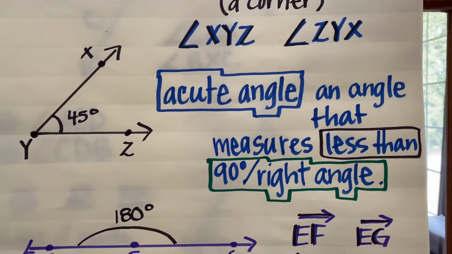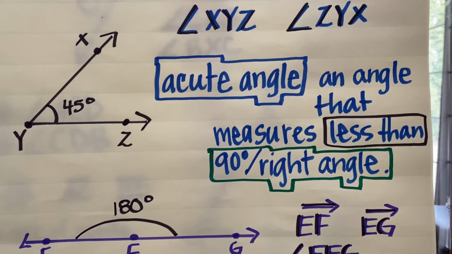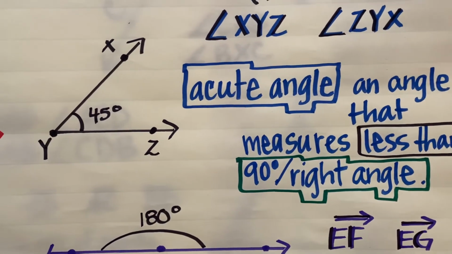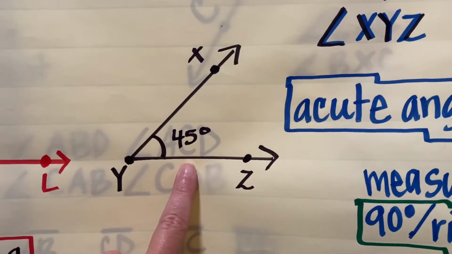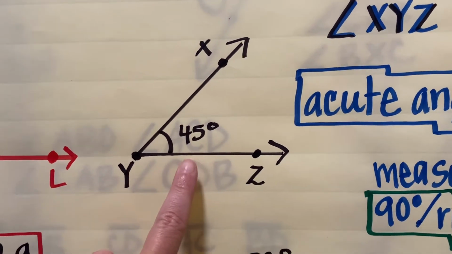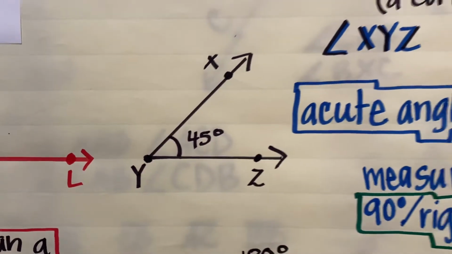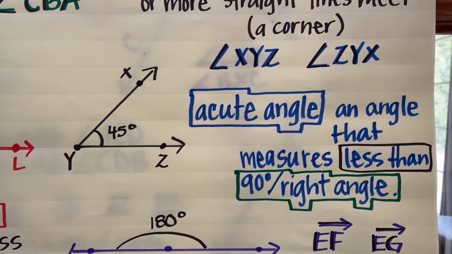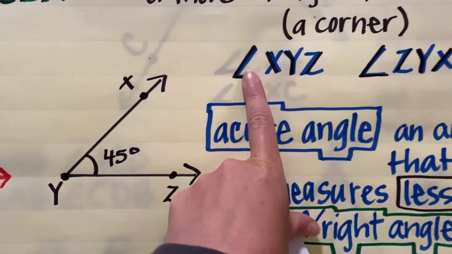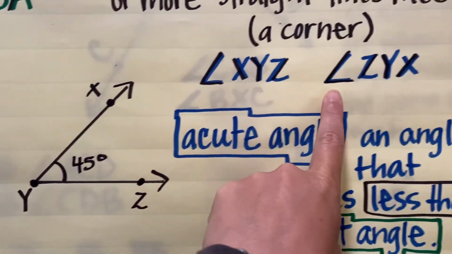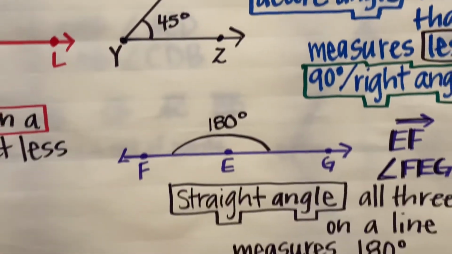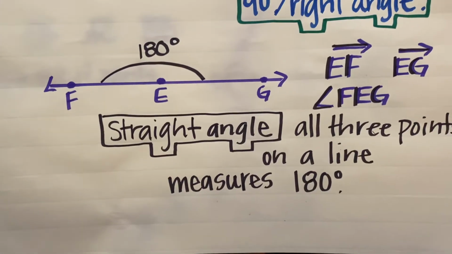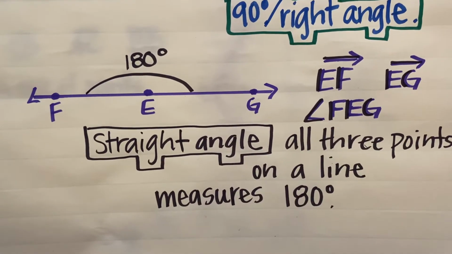Over here, we saw those acute angles. An acute angle measures less than 90 degrees, or less than a right angle, such as 45 degrees, like this one shows, or 20 degrees, or 1 degree. Those are acute angles. And again, we label it the same: angle XYZ or ZYX. Then our last angle that we're going to talk about today is a straight angle.